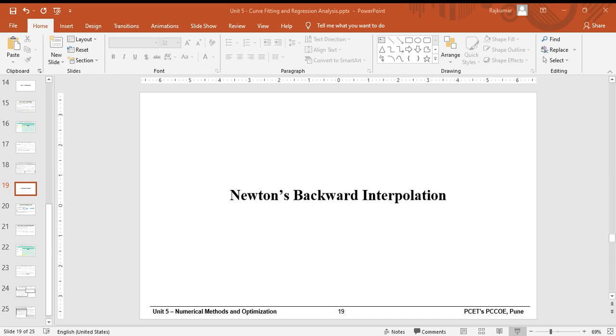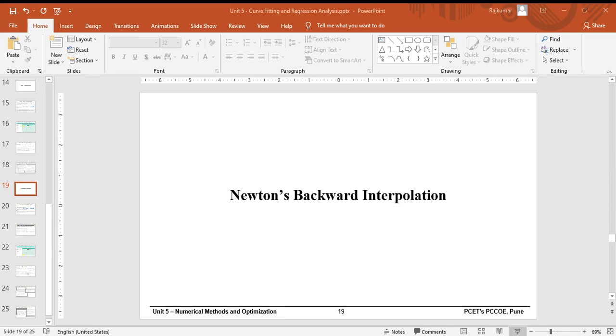Okay, so we will start with Newton's backward interpolation. Again, the theory is almost the same. Here, let the function y is equal to f of x take the values y0, y1, y2 up to yn corresponding to the values x0, x1, x2 up to xn of x.